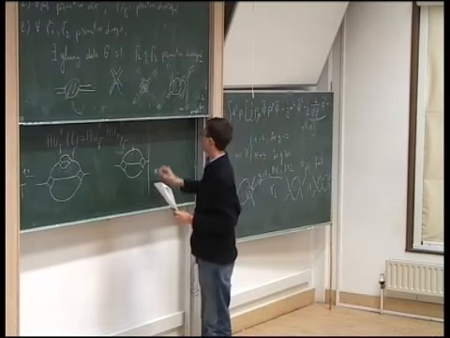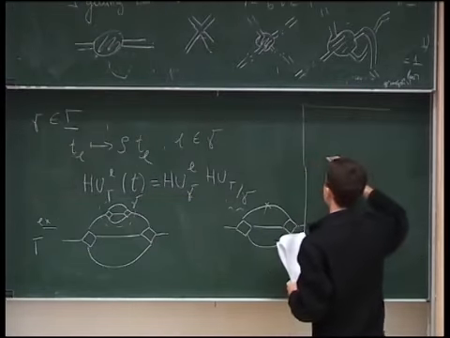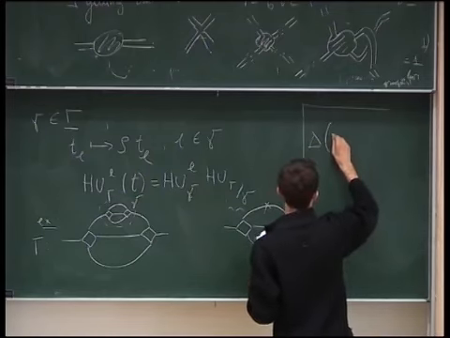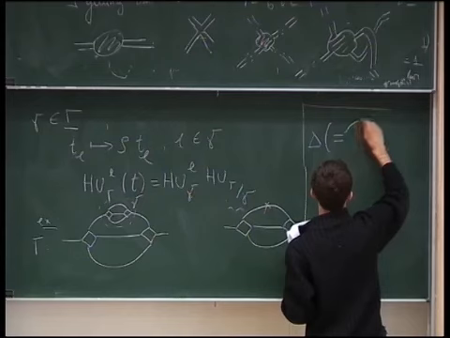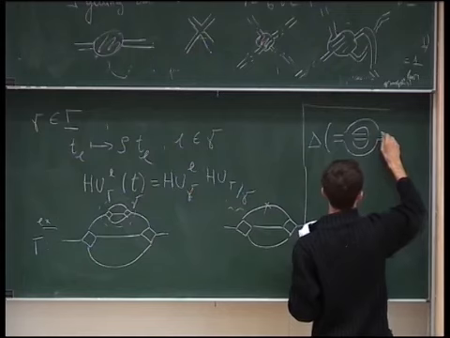So let me give an example before ending. Let me give an example of this coproduct applied on that graph, which are now Rubin graphs.